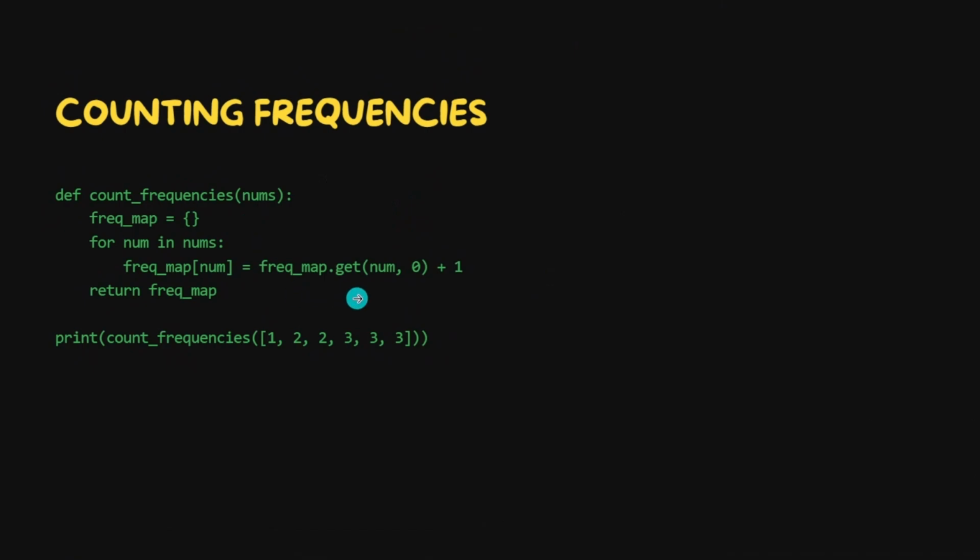The get method checks if the element already exists in the dictionary. If not, it returns 0 as the default value. We increment the count of each element by 1. Finally, we return the frequency map containing the frequency of each element, and the output of this will be 1 1, 2 2, and 3 3, as explained in the previous slide.